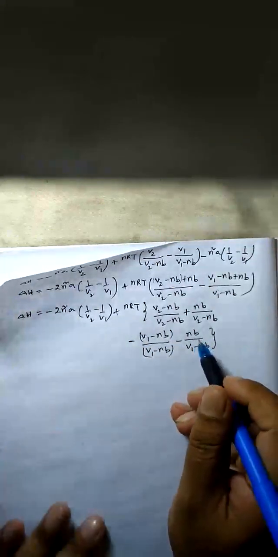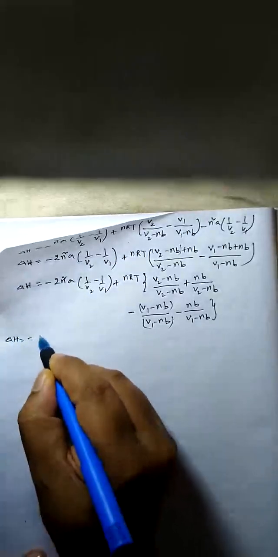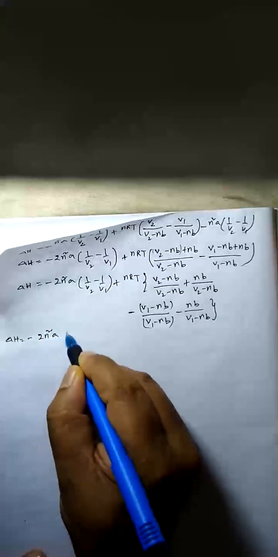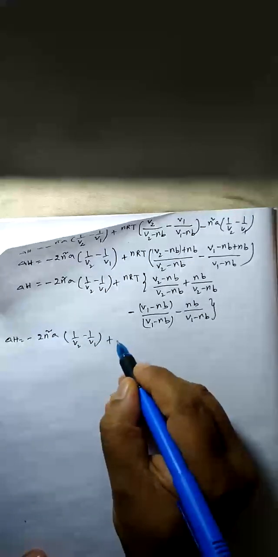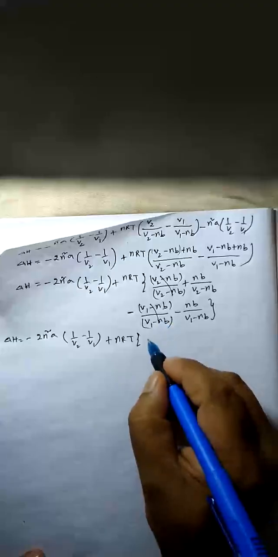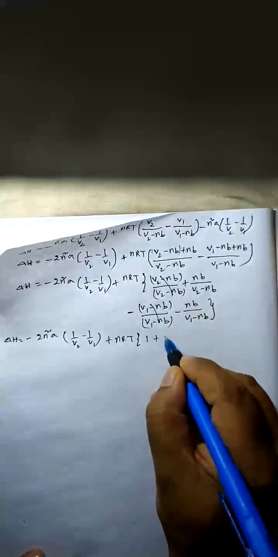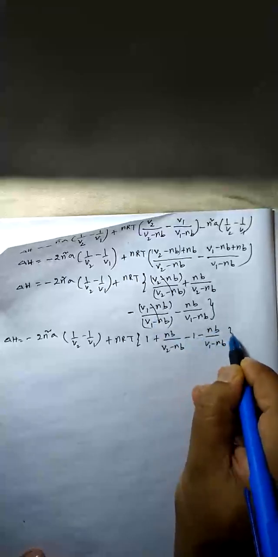Then delta H is equal to minus 2 n square a (1 by v2 minus 1 by v1) plus nRT common. This one cancel, this one cancel. We get 1 plus nb divided by v2 minus nb. It is also cancel: minus 1 minus nb divided by v1 minus nb, plus 1 minus 1 cancel.